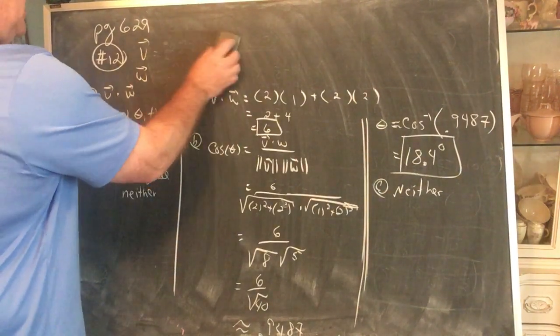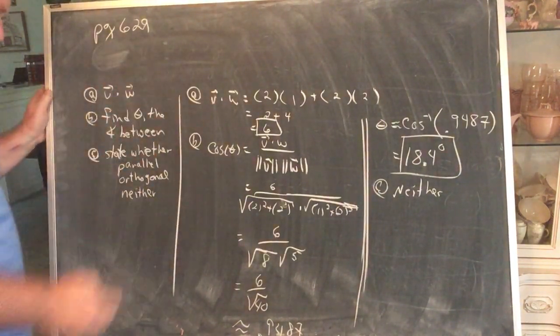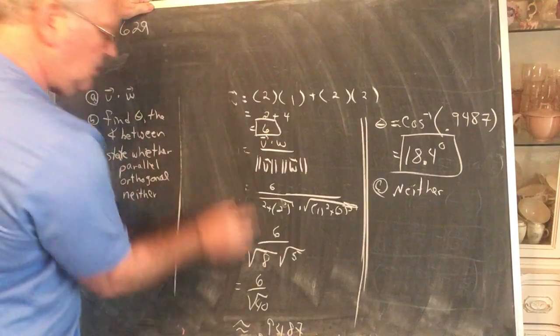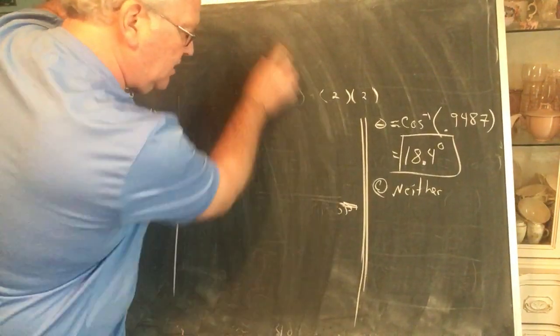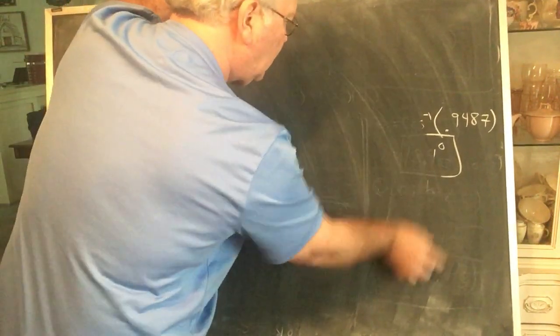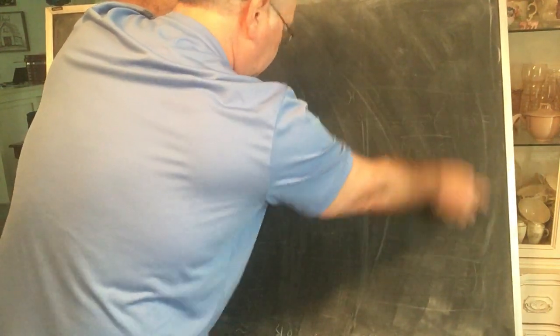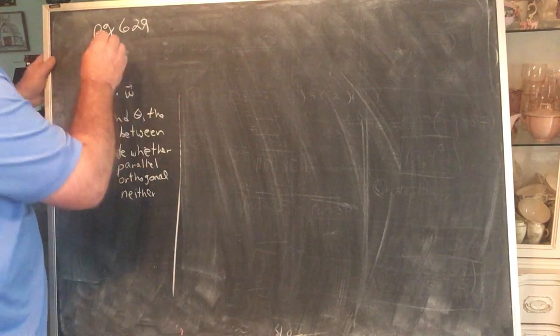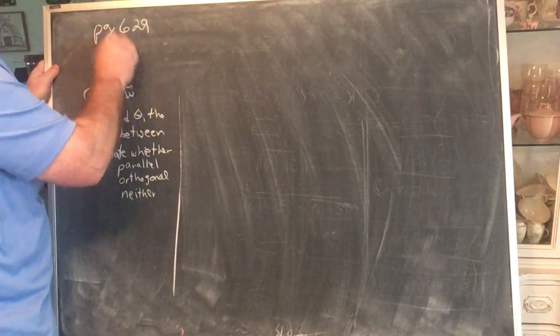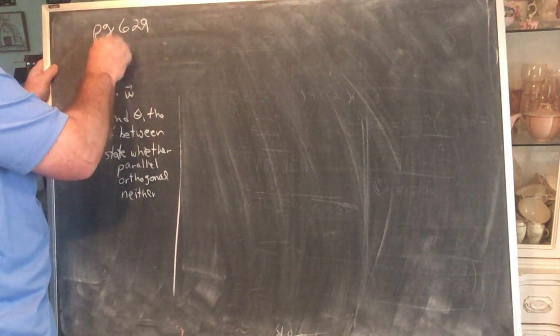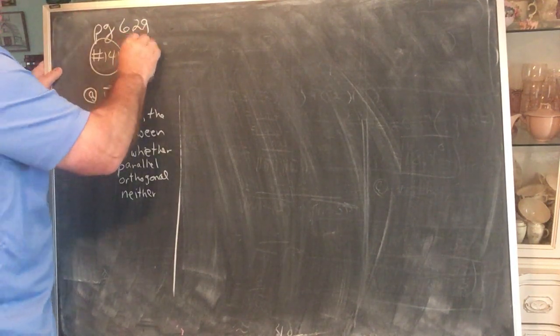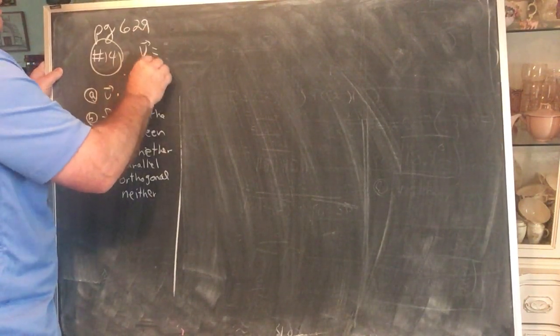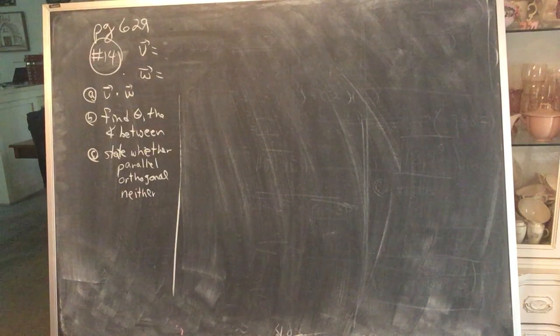All right, number 14 we'll also work through. I'm going to leave this piece up here because the directions are the same, just a different pair of vectors to work with. So this is number 14, Dan Fouts.